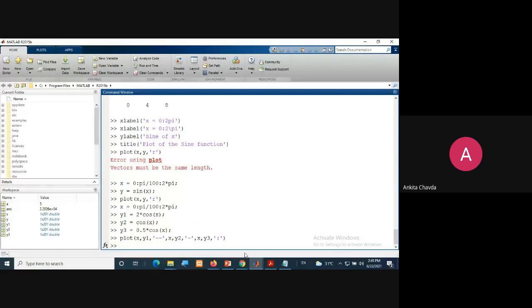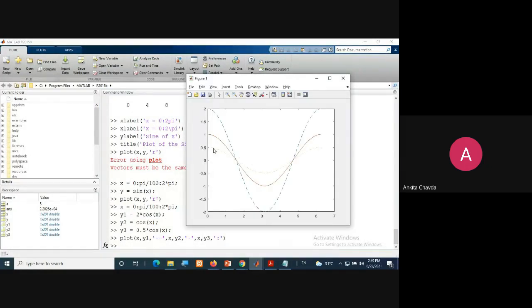So we will have the graph like this now, right? So this is the very first one, dash dash, right? So it is this. Then the second one is only dash, it means it is a solid line. And the third one, we have used the colon, so it is a dotted line, right?